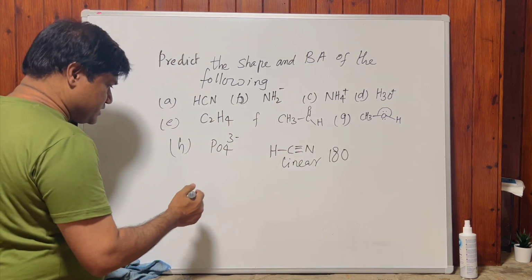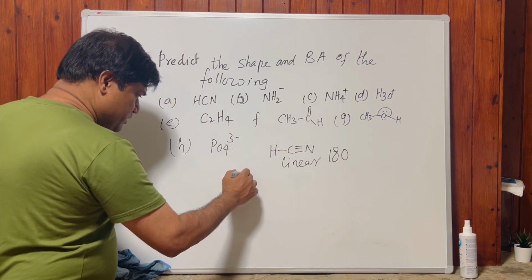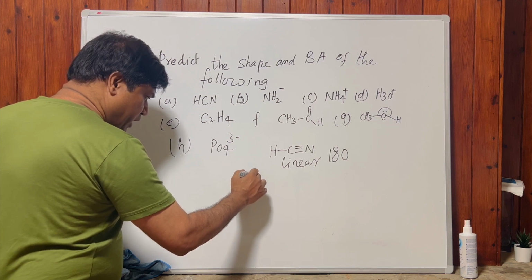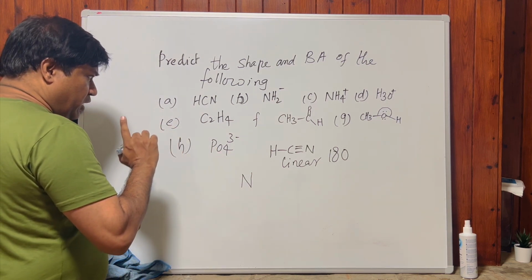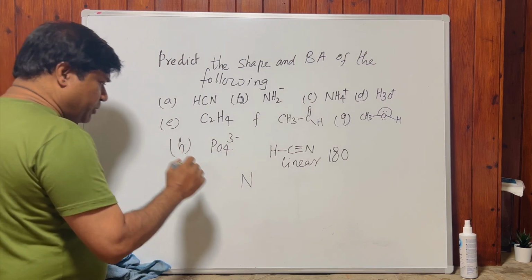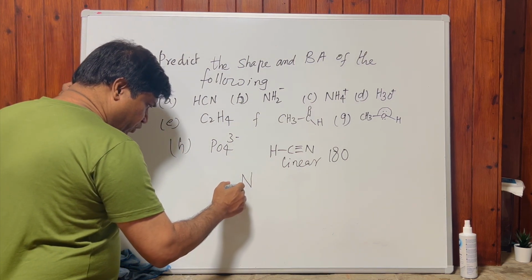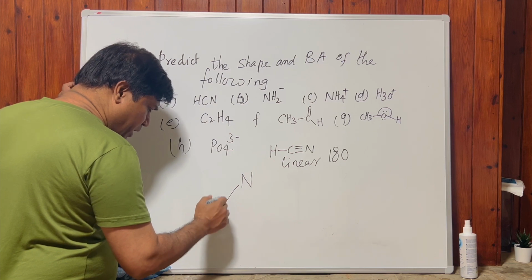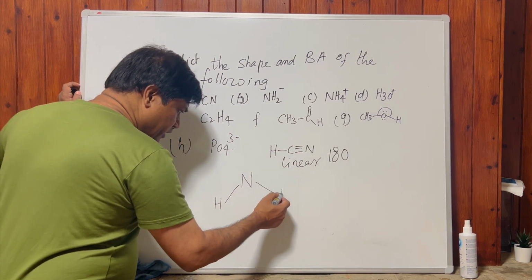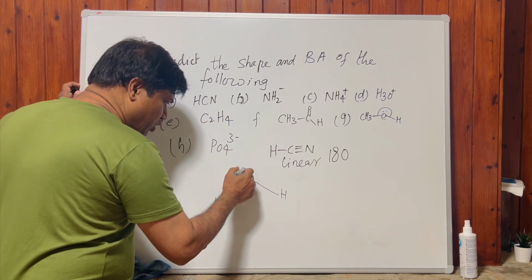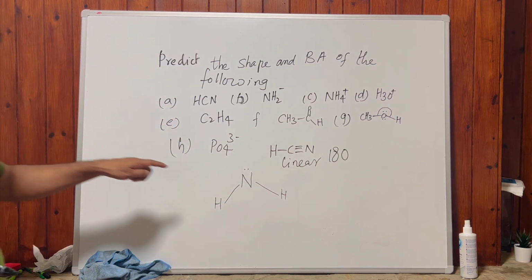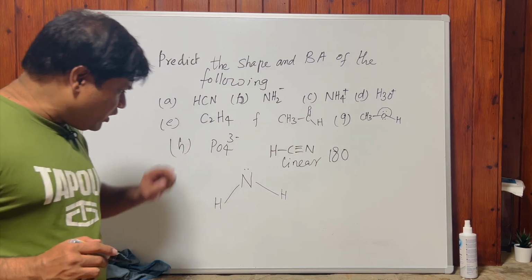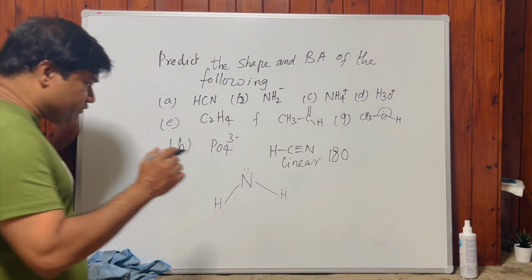NH2 minus. Look, nitrogen in ammonia forms three bonded pairs of electrons, but here it forms only two bond pairs, and it already has one lone pair. The central atom nitrogen has one lone pair and one more negative charge.